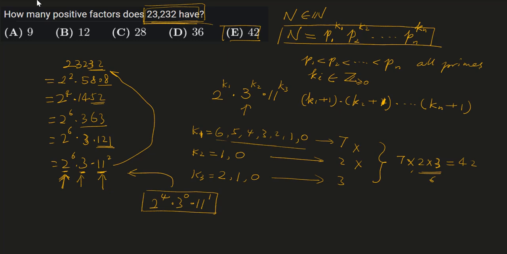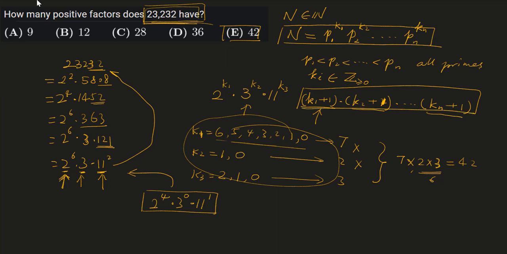And the proof should be very straightforward, just like our analysis here, right? For the first prime factor p1, we can pick all of it, or part of it, or none of it. So that's k1 plus 1 many choices. And the same thing for each of these prime factors. And in the end, when we multiply all the numbers, this is the final result.